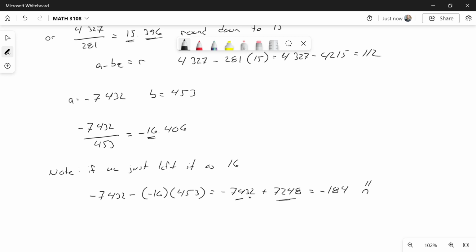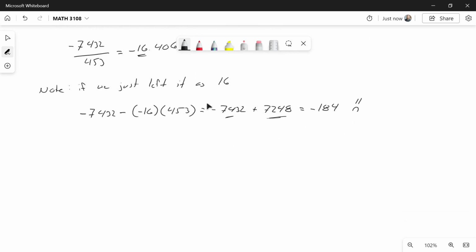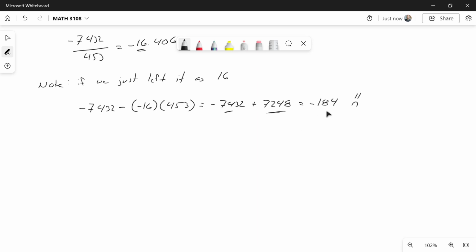All right, so let's move my screen up here a bit. So again, just a note, if a is less than 0, then go one down. So instead of negative 16, we're going to go negative 17.